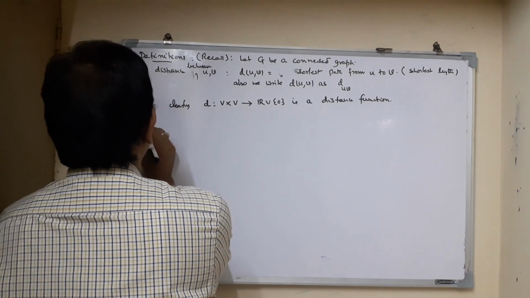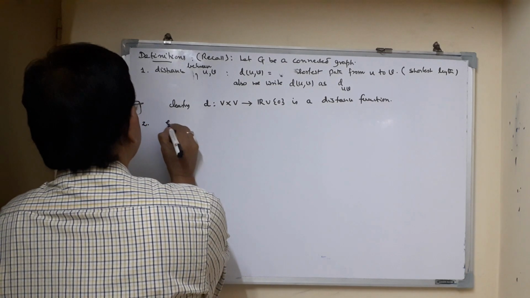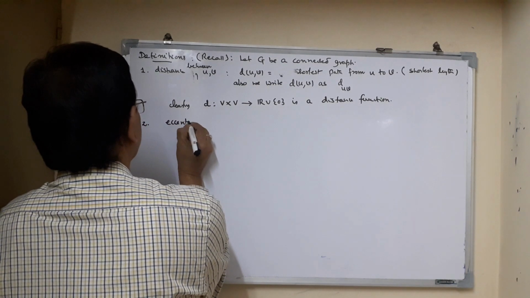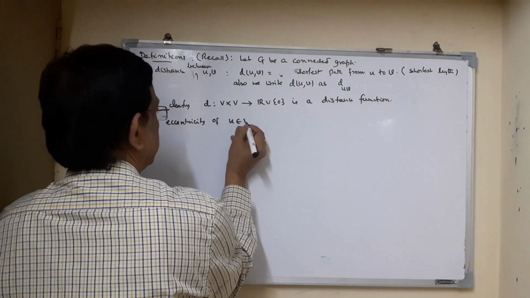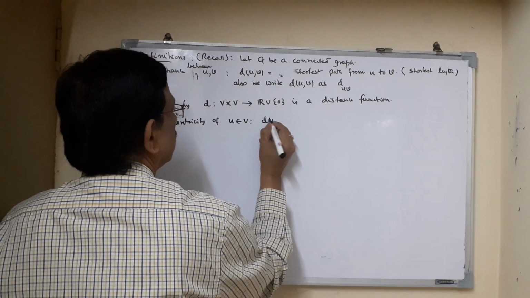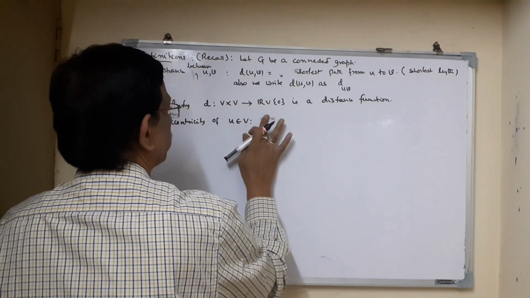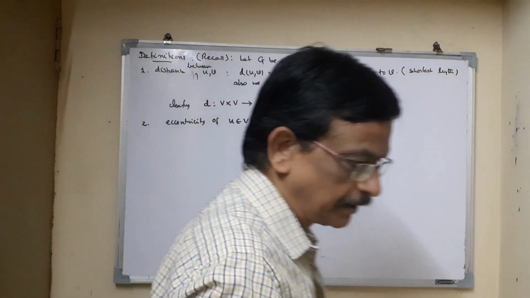The second one is the eccentricity of a vertex U, denoted by e(U).